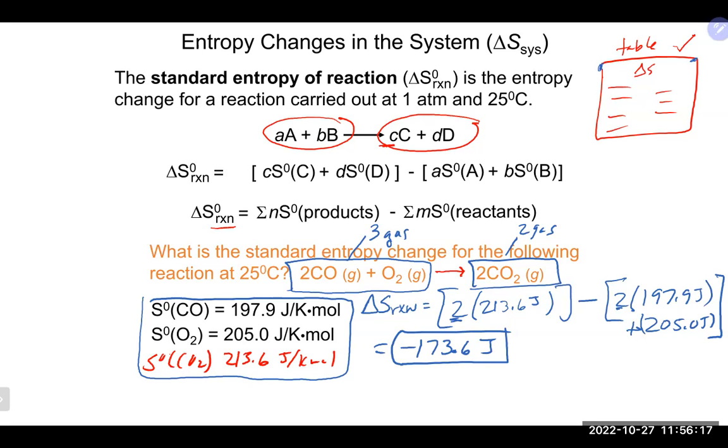Whenever you look at a reaction and end up with more gas molecules than you started with, that would increase the amount of disorder, right? More things flying around and more energy. Or if you end up with less gas molecules than you started with, as in this case, that's going to create a lot more order, a lot less disorder, and you should expect a negative number. Any questions on that?